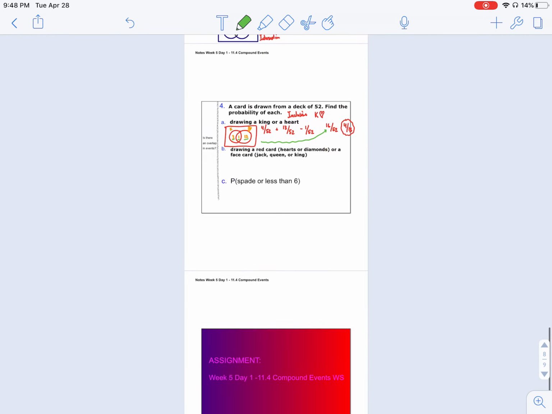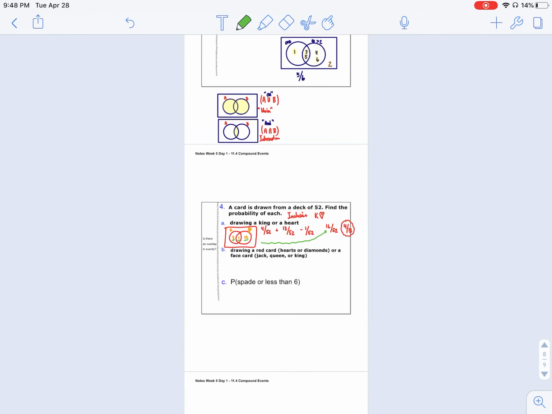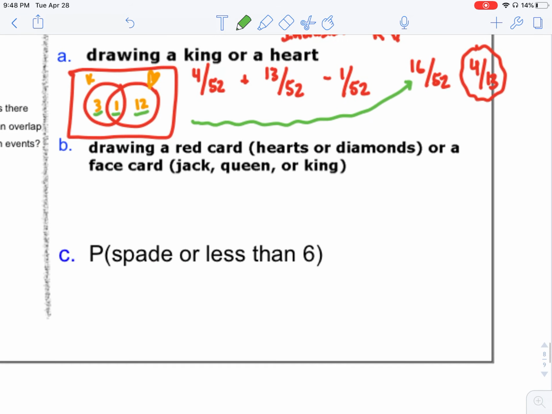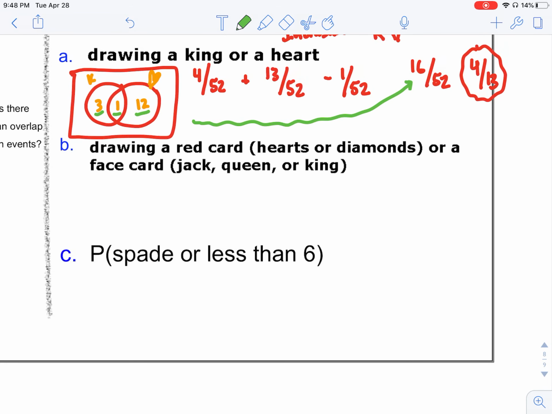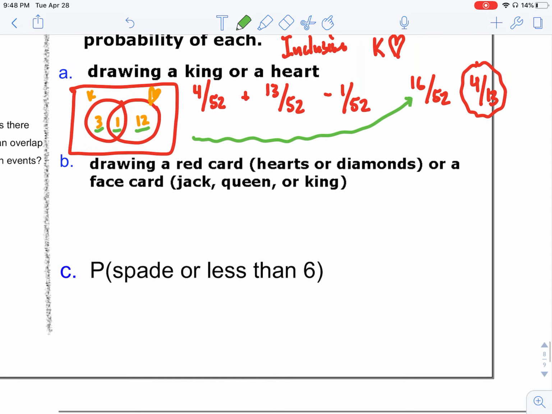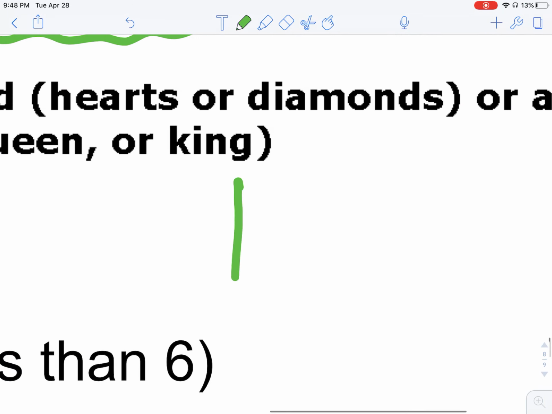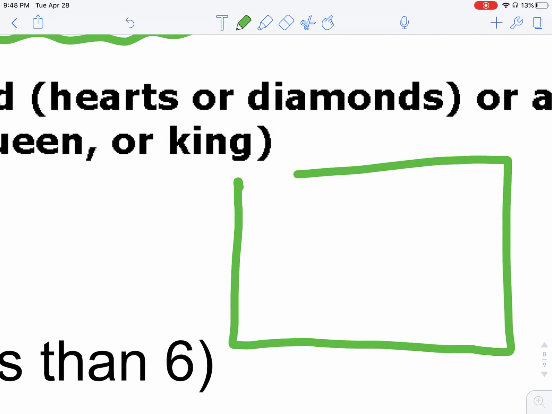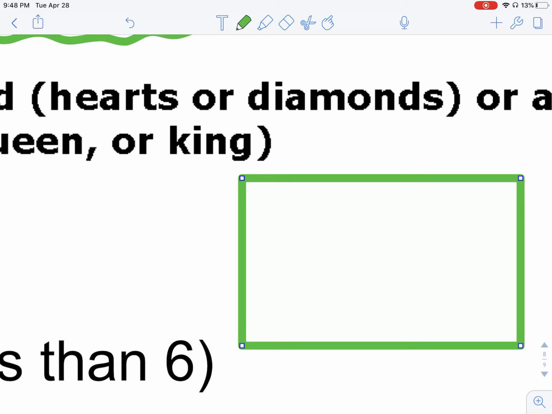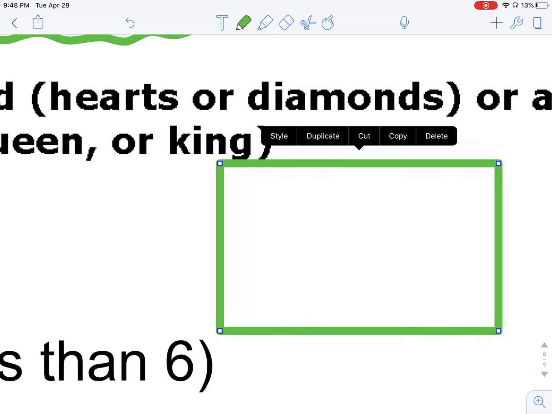Okay, I think we're almost done here. I'm drawing a red card, which is a heart or diamond, or a face card. All right, this time I'm just going to make the picture.